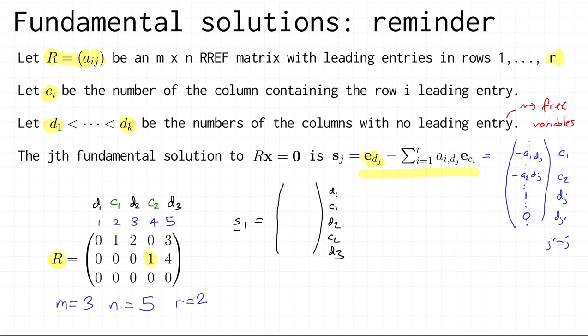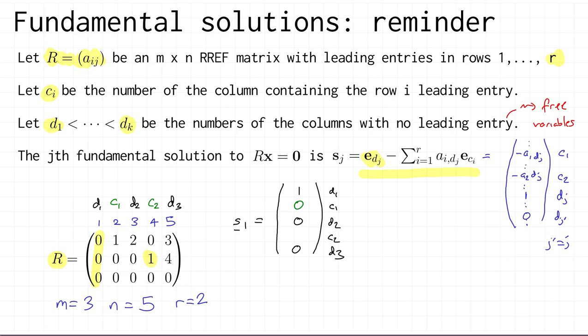In the first fundamental solution, we put D1 equal to 1 and the others equal to 0. And then the C's should be minus the corresponding entries in that column. But all the entries in the column right here are 0. So what we have there is zeros.